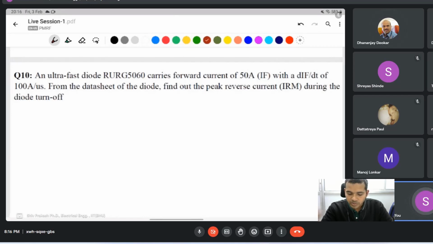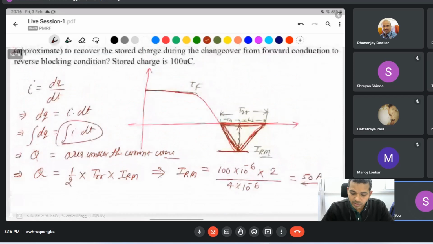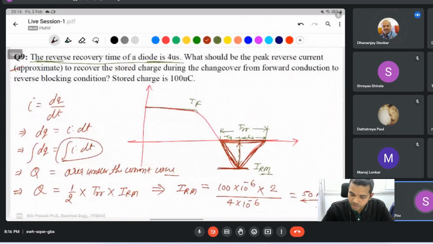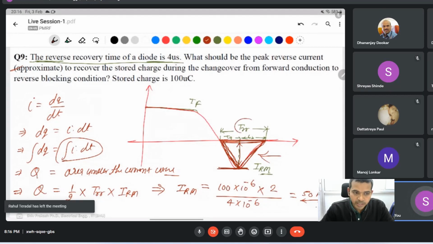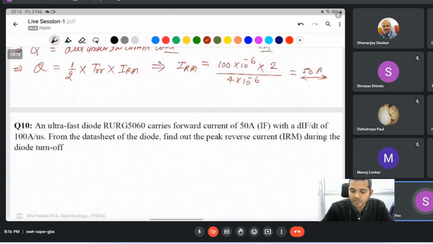In those cases, you use the Schottky diode or ultra fast diode because the reverse recovery time is very low. Then the losses in this diode are very low because of this. TRR is very small in Schottky diode and fast recovery diode. In a normal diode it is very high. 4 microseconds is a very high time.